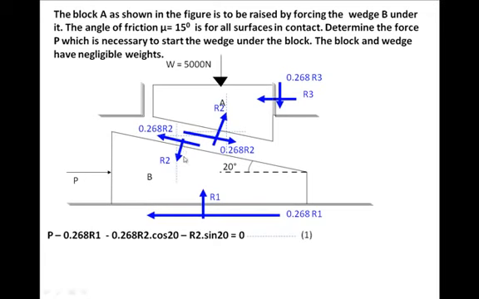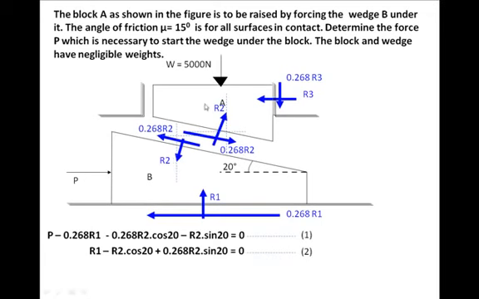The angle it makes with the vertical is 20, so with the horizontal it is 70, and this will be R2 sin 20, the horizontal component of R2. That is equation 1. Similarly, equation 2 for the y direction will be R1 minus R2's vertical component R2 cos 20 plus 0.268 R2 sin 20. So this was sigma Fx and sigma Fy for wedge B.